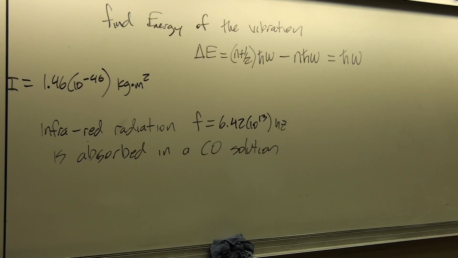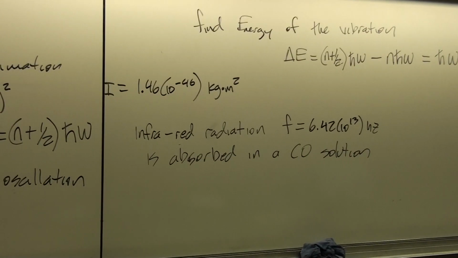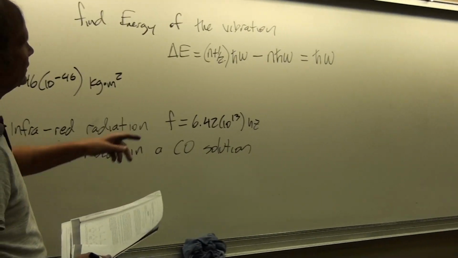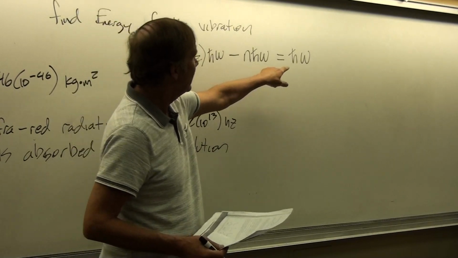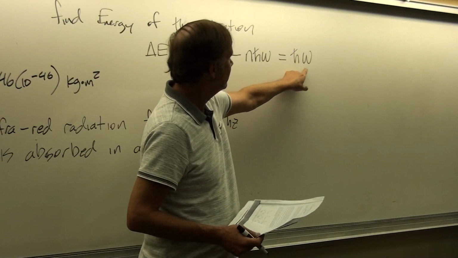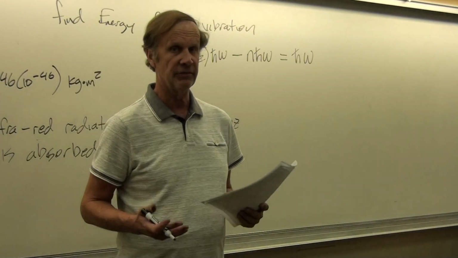And so every elevation in the energy state of a simple harmonic oscillator, as we saw before, is associated with an increment of energy that's equal to the energy of a photon.